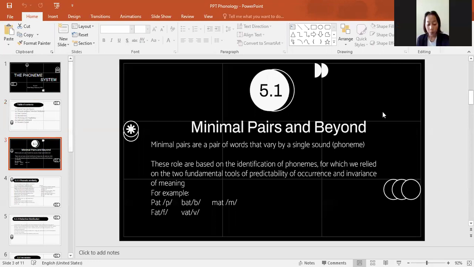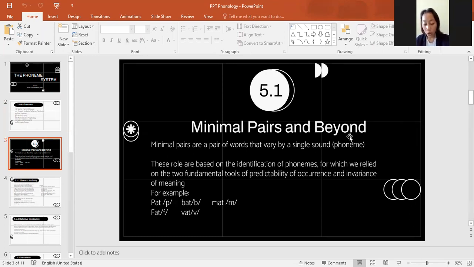Minimal pairs are a pair of words that vary by a single sound or phoneme. There's a rule in the identification of phonemes, which relies on two fundamental tools: predictability of occurrence and invariance of meaning.